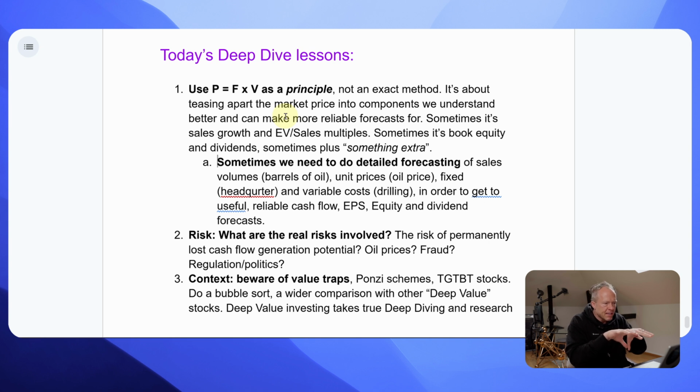So that's rule 1. And we should also note from the example of Equinor is that sometimes we need to do detailed forecasting of the fundamental variables. We need to go more into detail than usual to be sure of what we're talking about. So in Equinor's case, it could be analyzing both the volume of what they are selling, so numbers of barrels of oil.